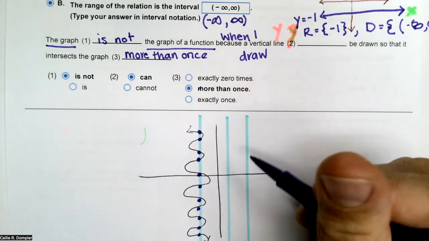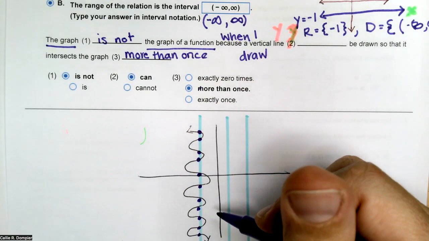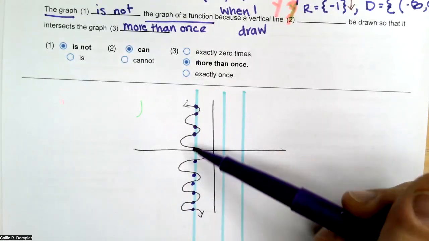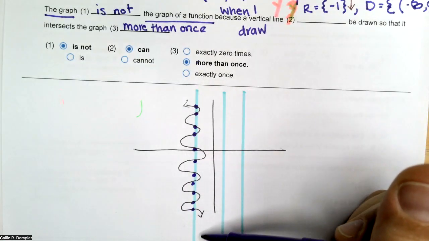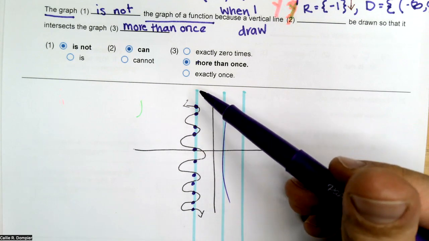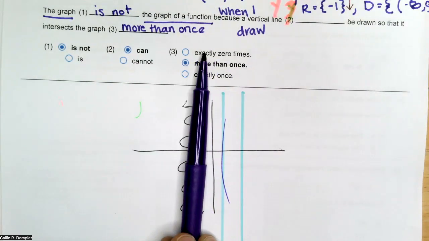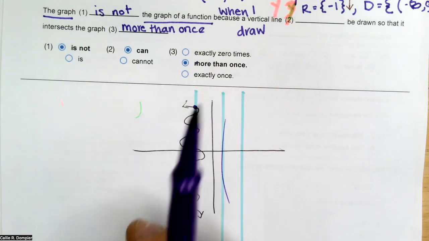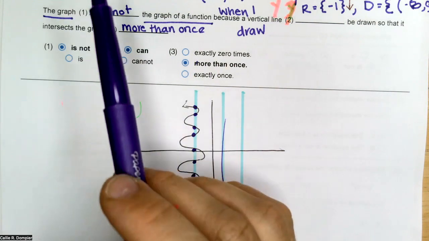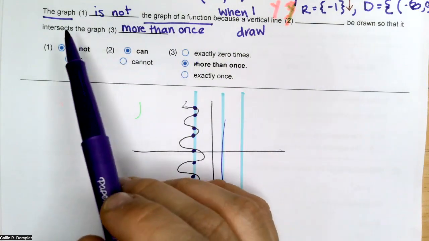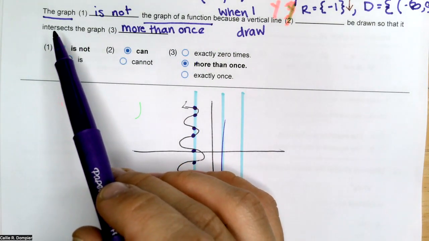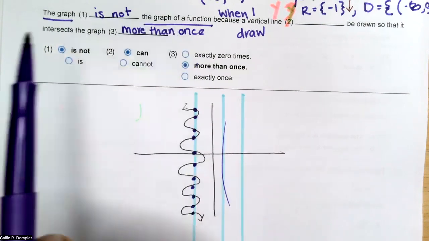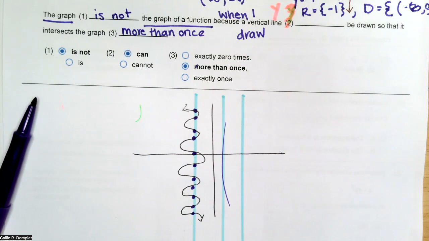It could be 0 times, but that doesn't really address the actual function. You can draw it over here, but if we're talking about only drawing it where there is a representation of the function, it's going to be more than once. So the graph is not the graph of a function. When I do draw a vertical line, it intersects the graph more than once. So now I'm going to go back to number 2 because I feel like this is confusing, right?